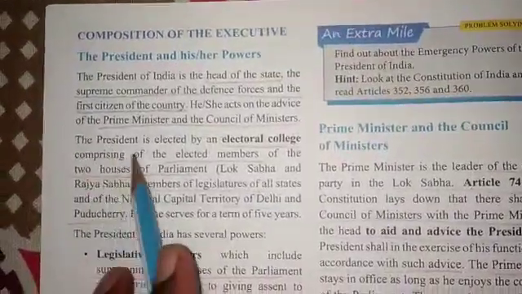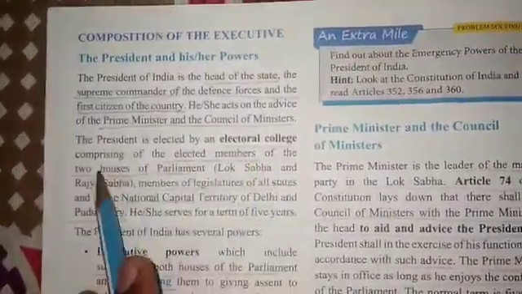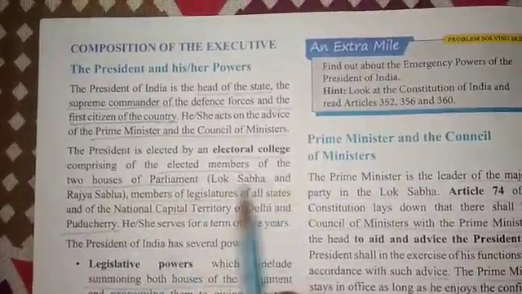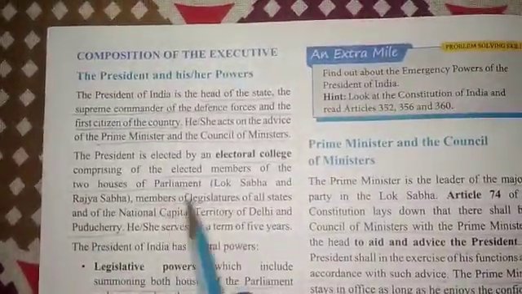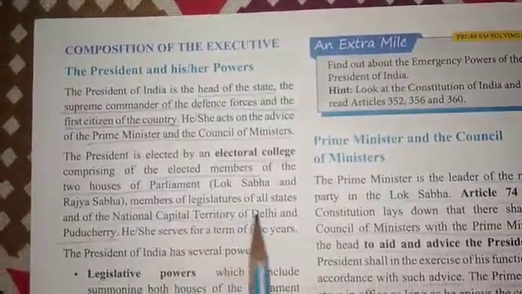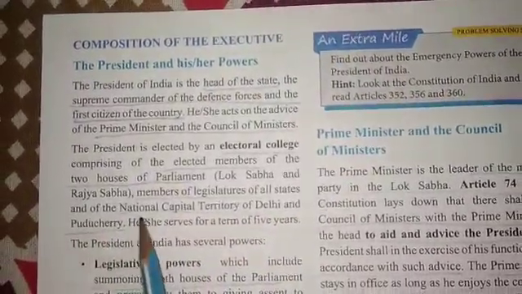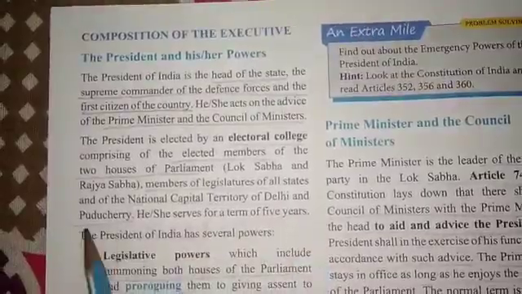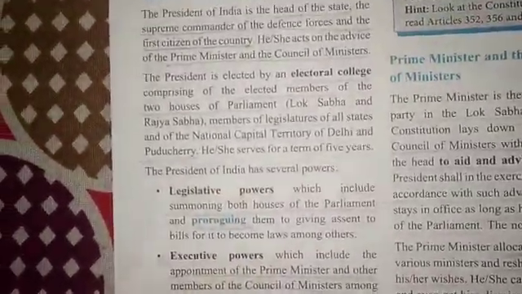Now, the President is elected by the Electoral College, comprising the elected members of the two houses of Parliament, that is Lok Sabha and Rajya Sabha, and the members of legislatures of all the states and the National Capital Territory and Pondicherry.